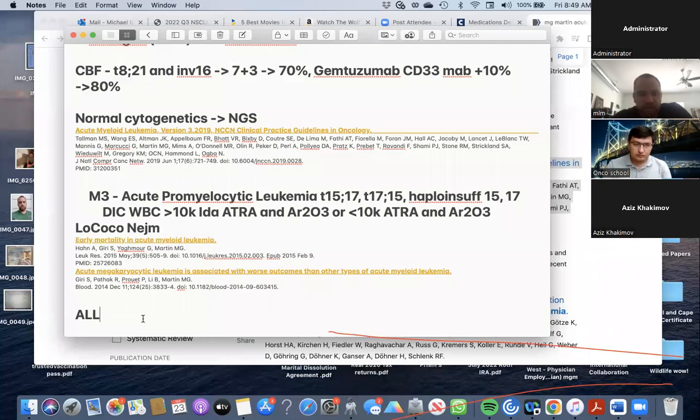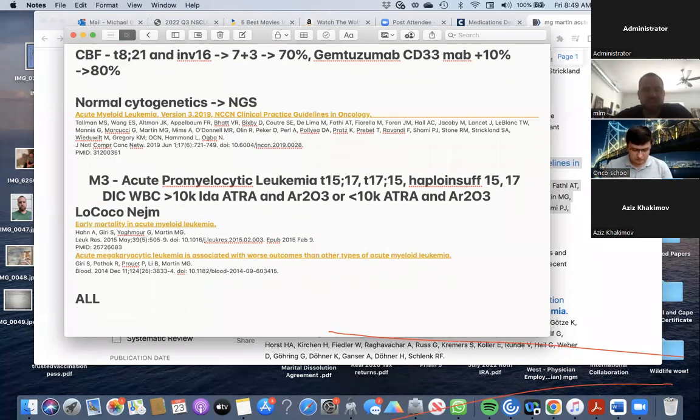ALL changes over time, just like AML does, just like pretty much all heme malignancies change over time, and they become harder and harder to treat as people get older, because they become genetically more complicated and more diverse, which makes them more resistant to chemotherapy.